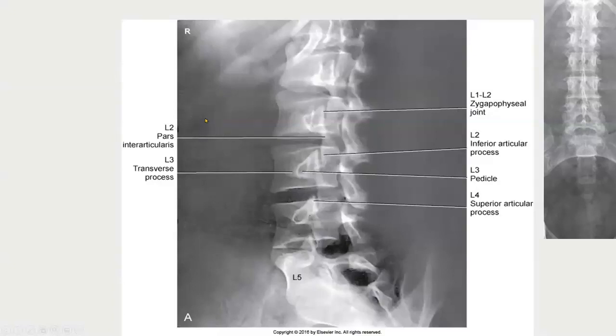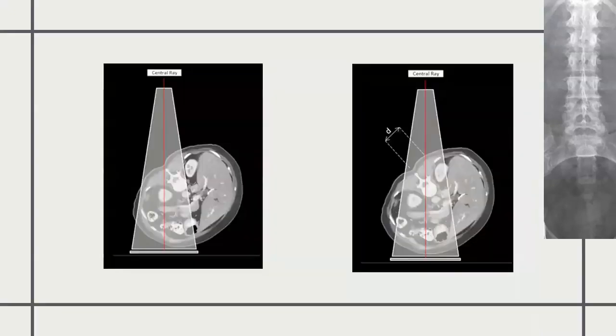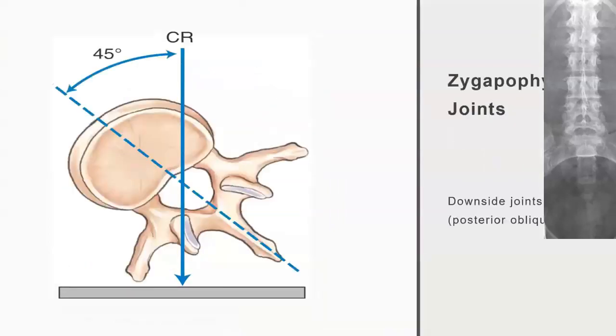Towards this side. Knowing that it is a right, in an AP, it would be an RPO. In an RPO, which ZAs are we looking at, the right or left? Right, the right.